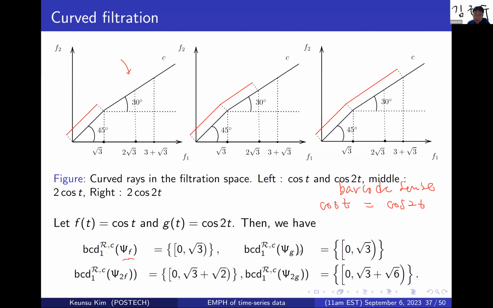Cosine t and cosine 2t are the same. Their barcode is the same. But 2 cosine t is different from 2 cosine 2t. And they are different.